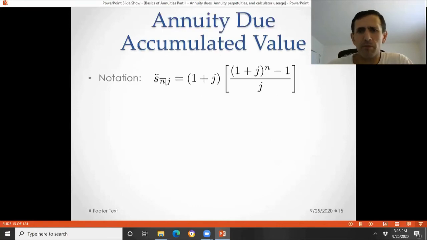So that's sometimes useful to keep in the back of your mind, that really these formulas are exactly the same except this 1 plus J here for the annuity due. Everything is basically the same for an annuity due versus an annuity immediate, just with an annuity due, all the payments accrue one more period of interest.